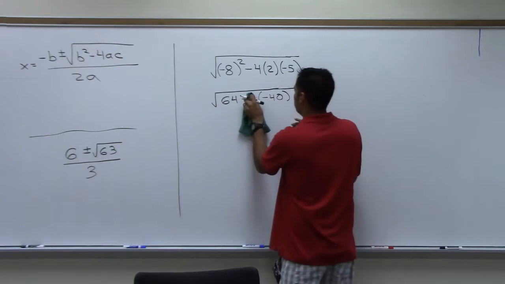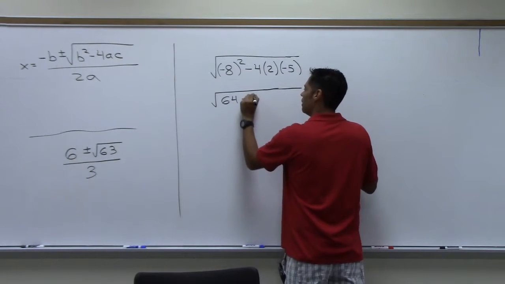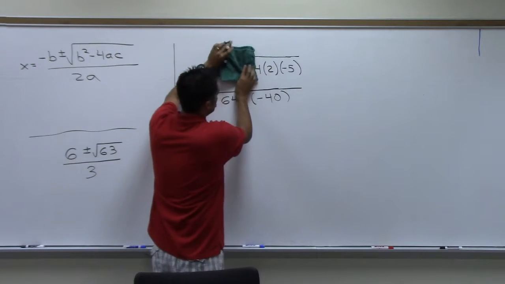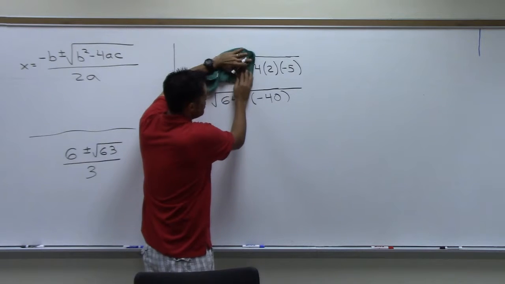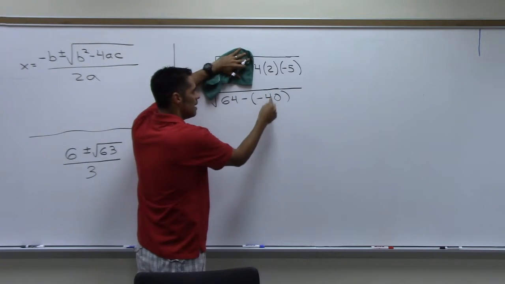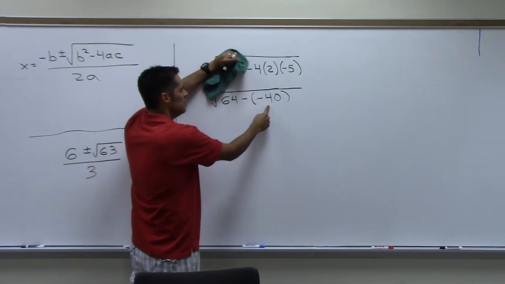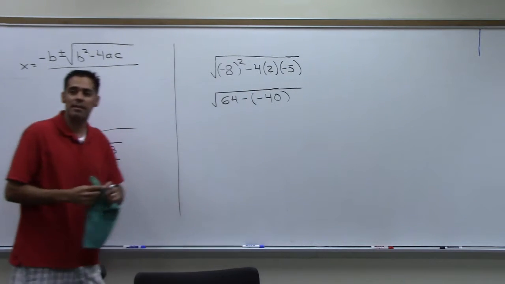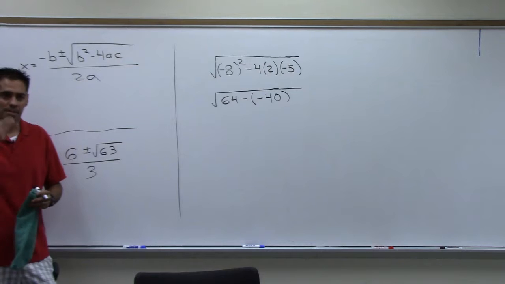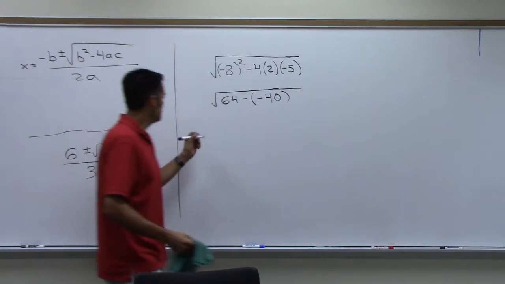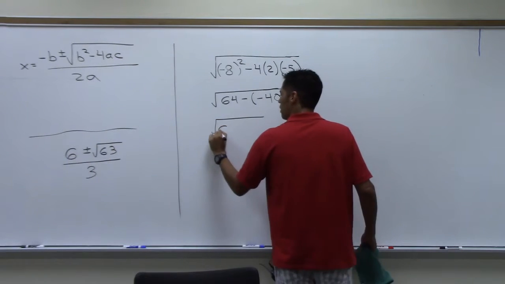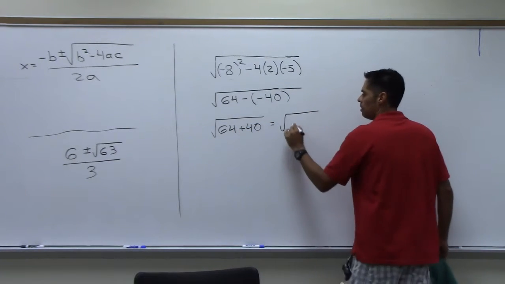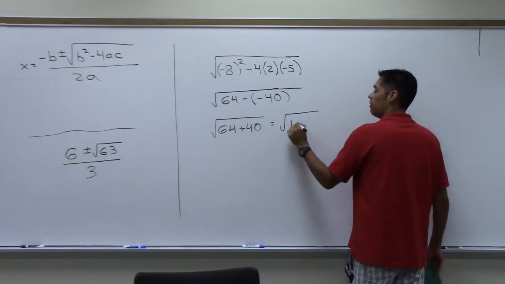Sorry. Negative 40. I covered up everything. Covered up the minus. I did 4 times 2 times negative 5, got negative 40, right? But what was there? A minus, right? So now you have minus and negative. What does subtracting a negative do? It becomes addition. So this becomes root 64 plus 40, which is root 104.